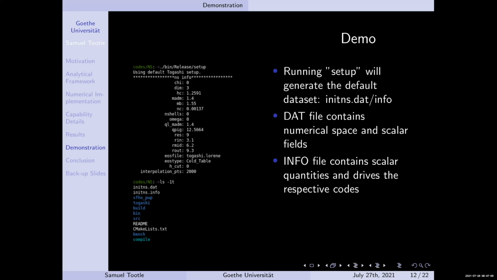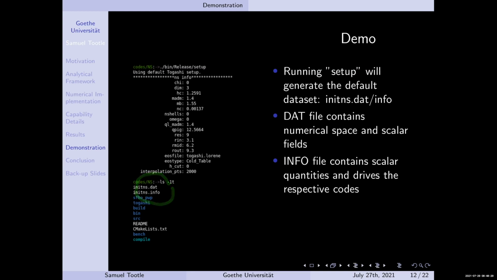Because the BNS, as I mentioned a second ago, utilizes the isolated TOVs as its initial guess, we have to start with the TOV. So in the case of starting with the TOV, let's see if I can turn annotations on. Okay. So we run the setup, and it generates these init NS dat and info files.